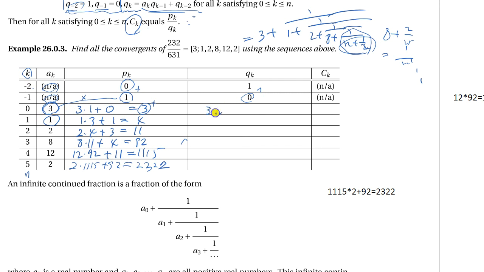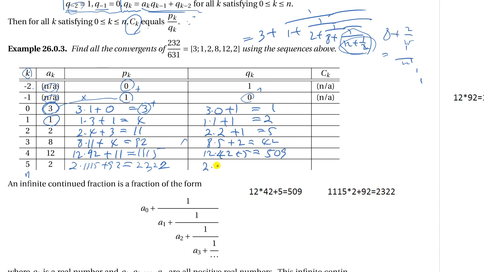So 3 times 0 plus 1 is 1, and 1 times 1 plus 1 equals 2. 2 times 2 plus 1 equals 5. 8 times 5 plus 2 equals 42. 12 times 42 plus 5 is 509.